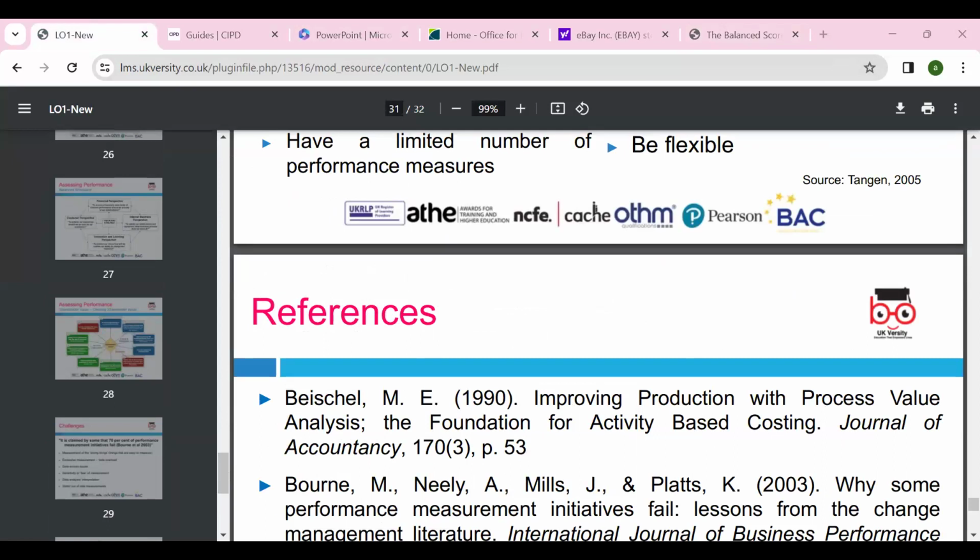Variance is the difference between budgeted and actual performance.